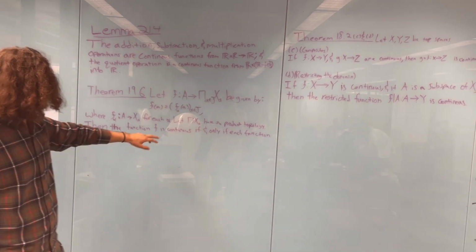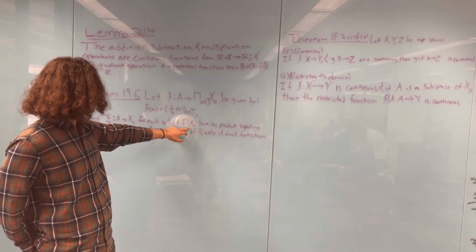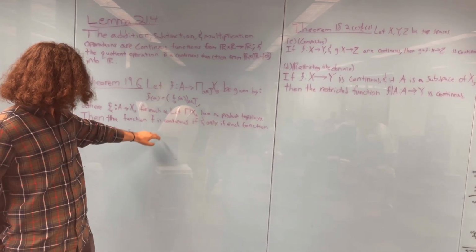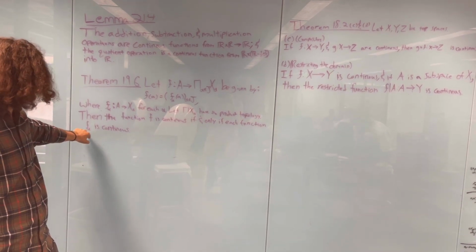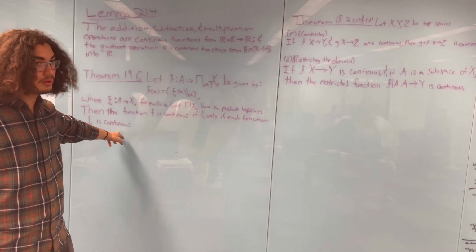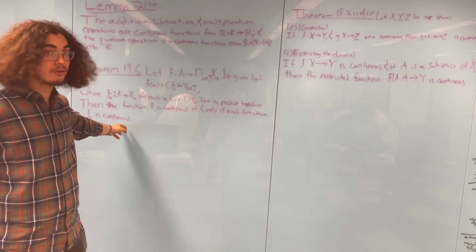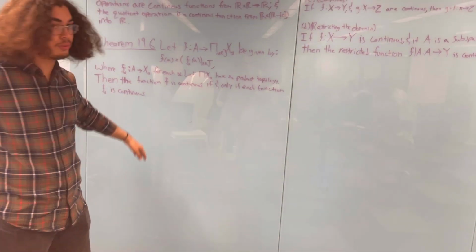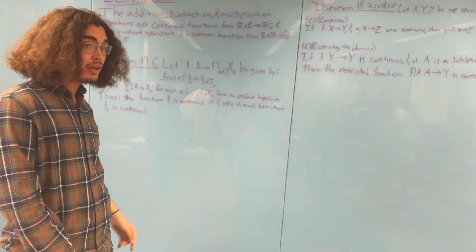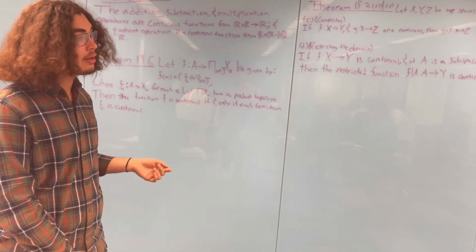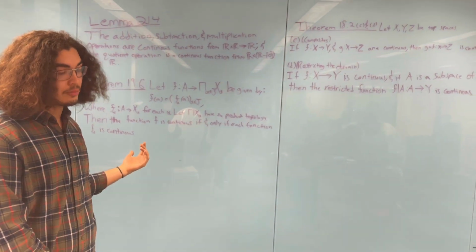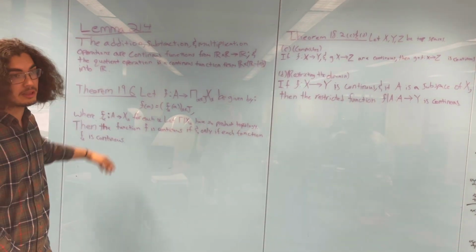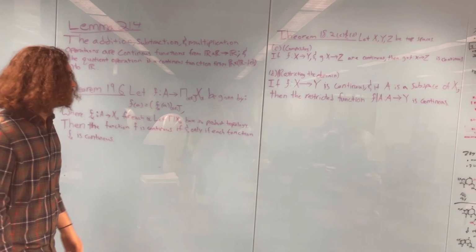Let the Cartesian product of X sub alpha have the product topology. Then the function f is continuous if and only if each function f sub alpha is continuous. We will use an example further in our proof where we apply the identity to the first coordinate, which is a continuous function, and then we apply another function which, by our assumption, is continuous. So it meets the requirement of this theorem for the overall function to be continuous.